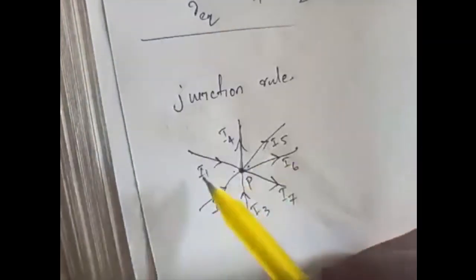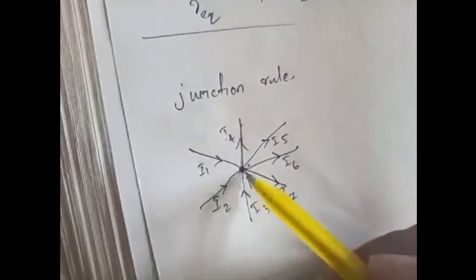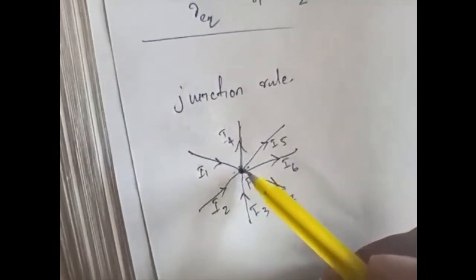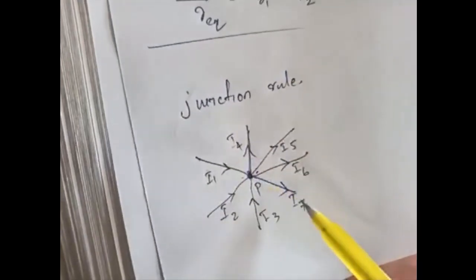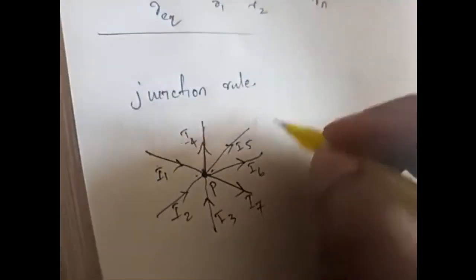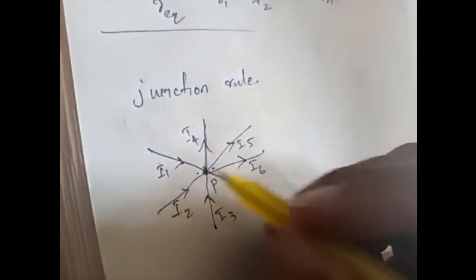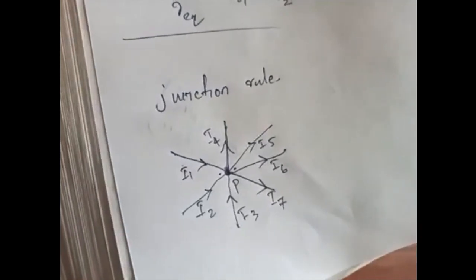We know that I1, I2 and I3 are coming to this point and it is being split as I4, I5, I6 and I7. By the first rule, it is said that the algebraic sum of current meeting at a point is equal to 0.